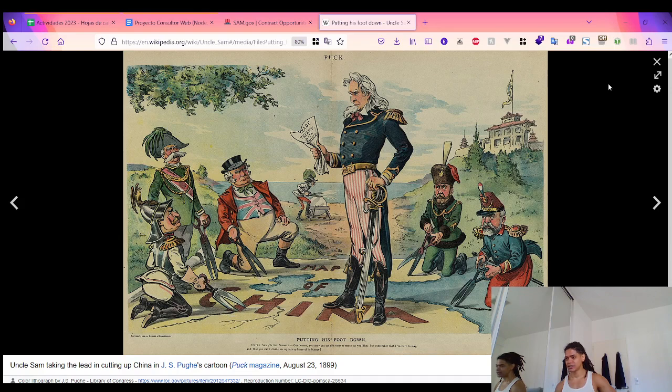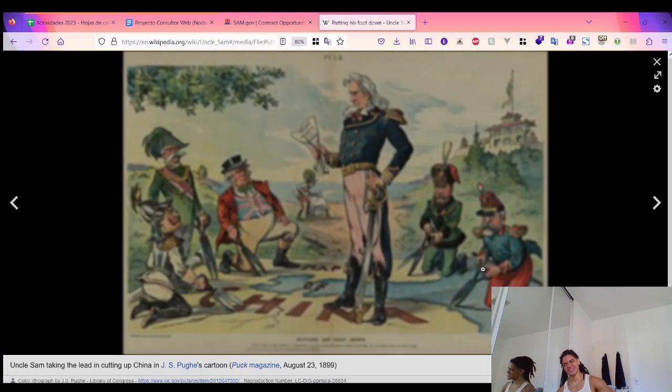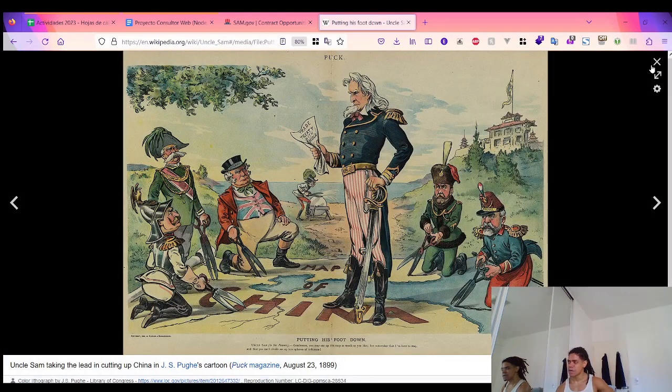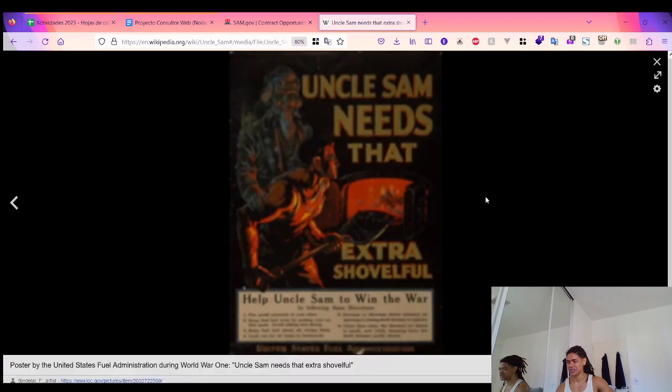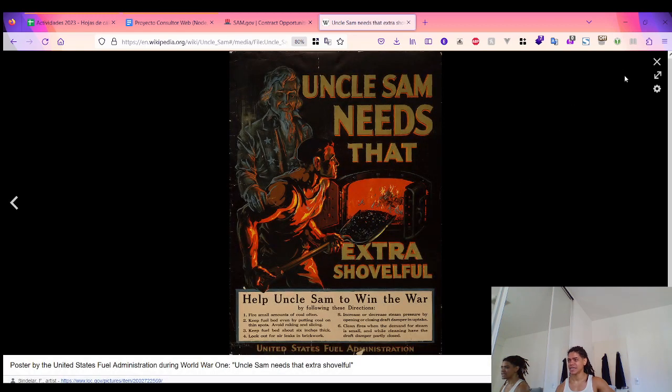This is definitely not a good image. That's definitely not a good image from the US right now. You know, it's like Uncle Sam needs that extra shovelful. Tell Uncle Sam to win the war. Oh my gosh. I get it, man.